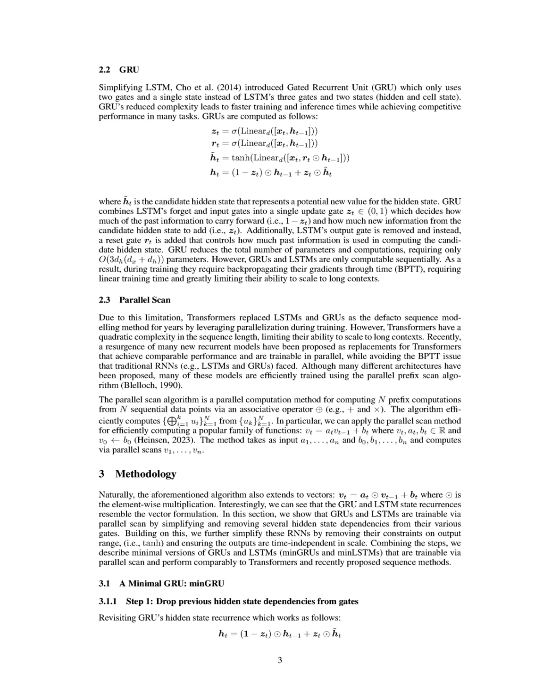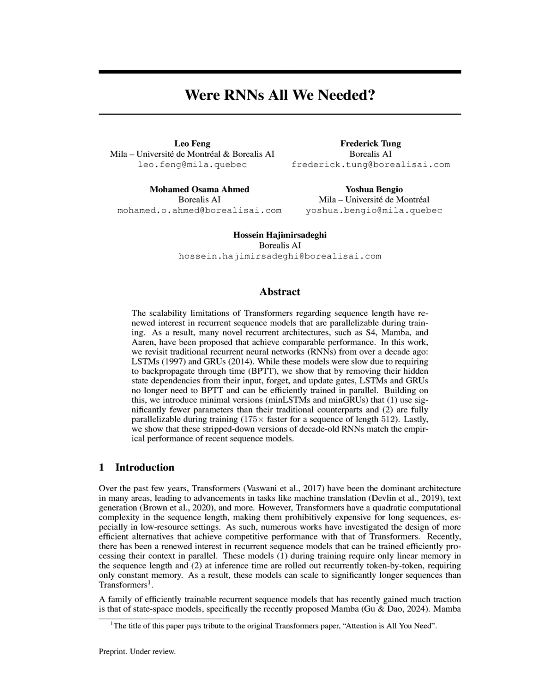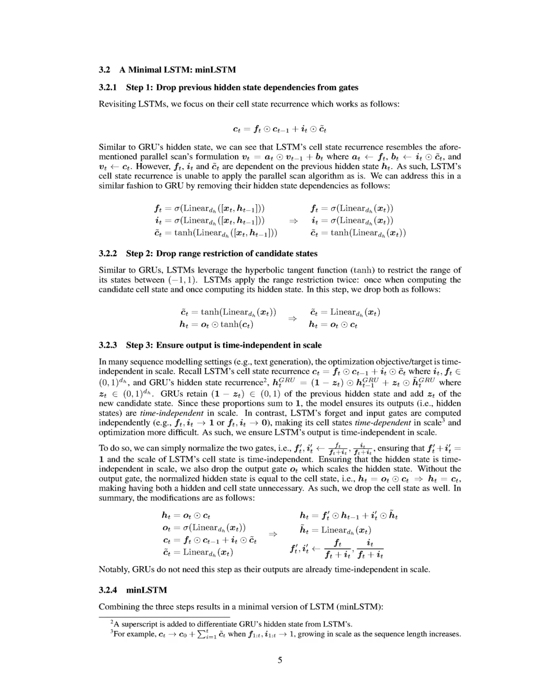Traditional models use the hyperbolic tangent function to restrict the range of their hidden states, which can complicate training. By removing this restriction, minGRU and minLSTM ensure that their outputs are time-independent in scale, further facilitating parallel computation. These modifications result in both models being trainable in parallel, achieving significant speedups.